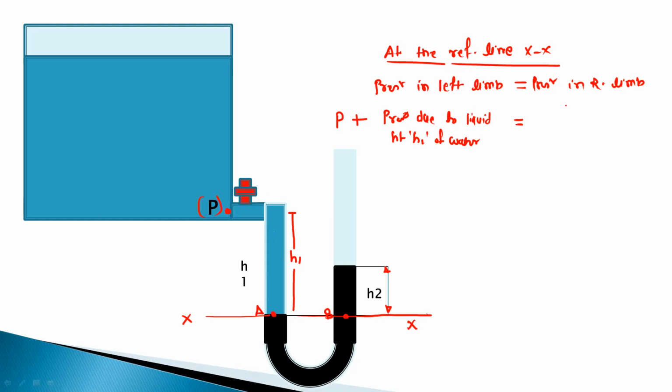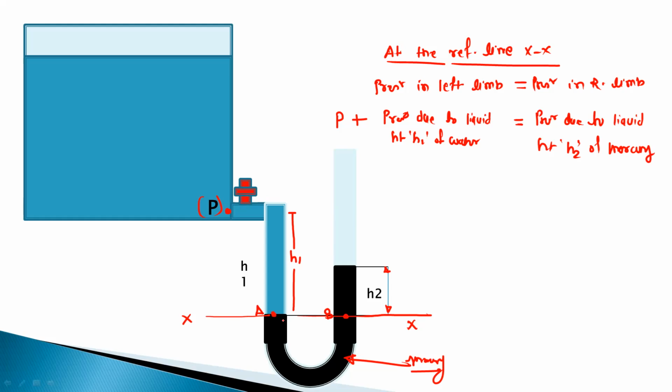For the right limb, we just have the pressure due to the liquid height H2, and this liquid is nothing but mercury as the manometric fluid. So this is the pressure equilibrium equation at the reference line X-X.